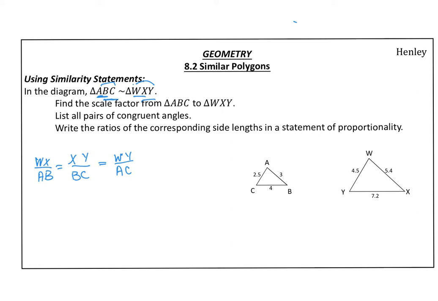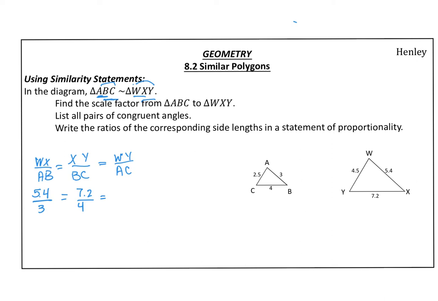Now, let's go ahead and put the numbers together of which lengths match up with these. So we're going to say WX is 5.4, AB is 3. Then we have XY, which is 7.2, and BC, which is 4.